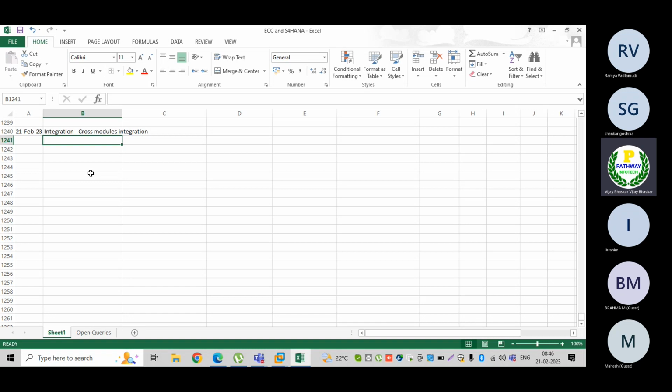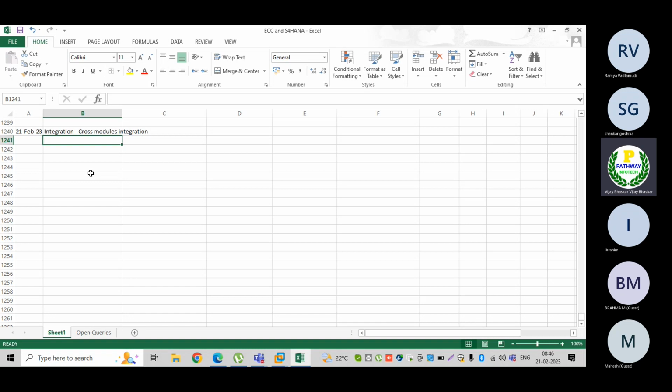Until goods receipt, where we receive goods at stores or warehouses, all these activities happen in material management.